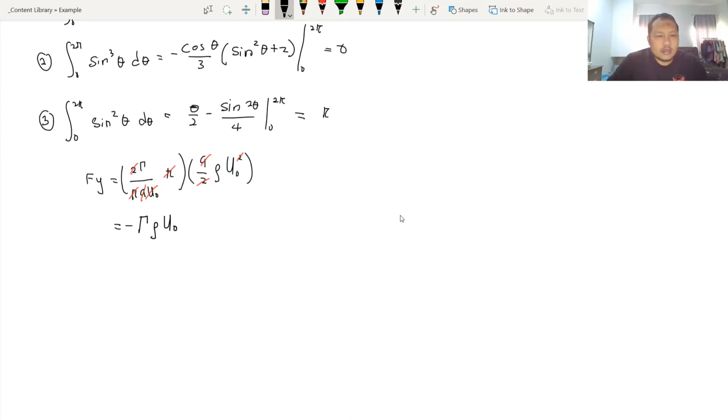So this is the final equation, and then we prove that lift, we have a lift in this equation, and for this case it is given by this equation Fy equal to minus gamma rho u naught. Okay, with that, if you do not understand, you can refer back to my notes or any textbooks and follow through step by step. Hope that you can understand this problem.